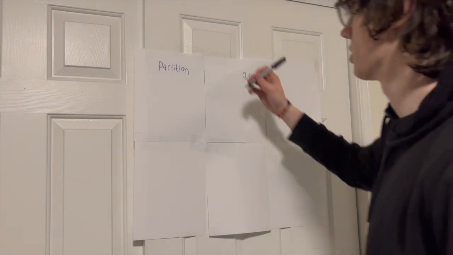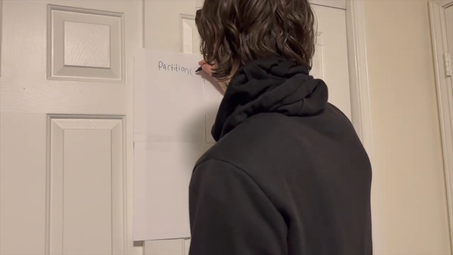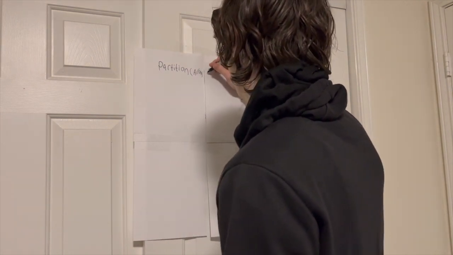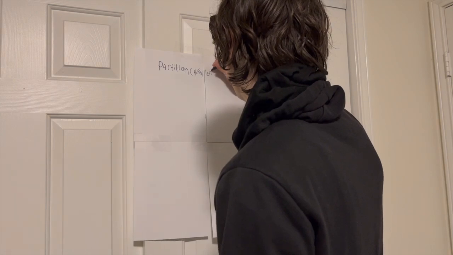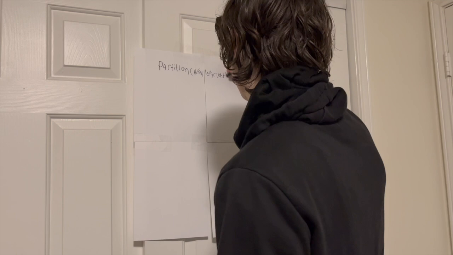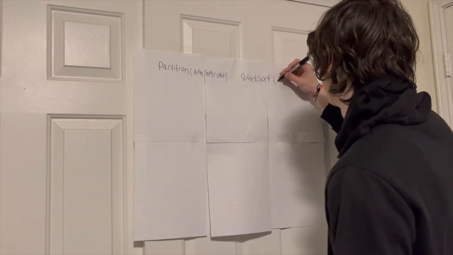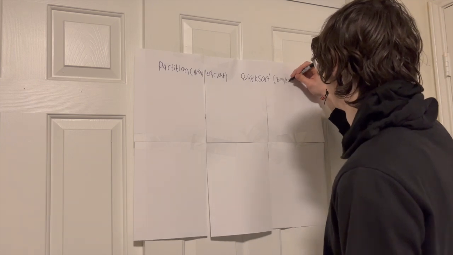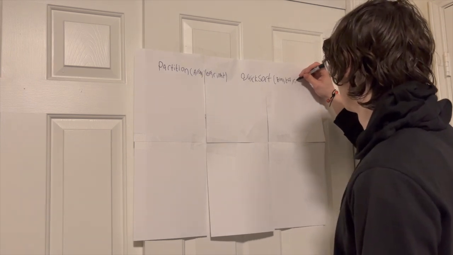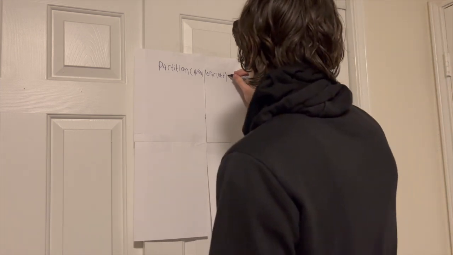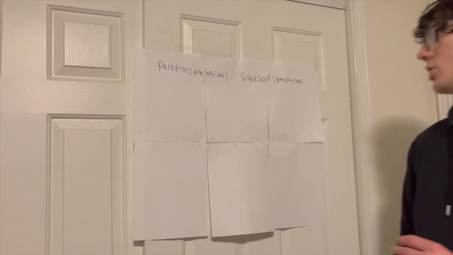These functions are going to take the same parameters, which are array, the array we want to sort, left, which is the leftmost index, and right, which is the rightmost index. So these are our function definitions.